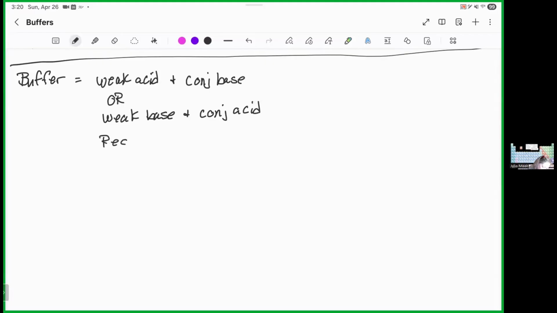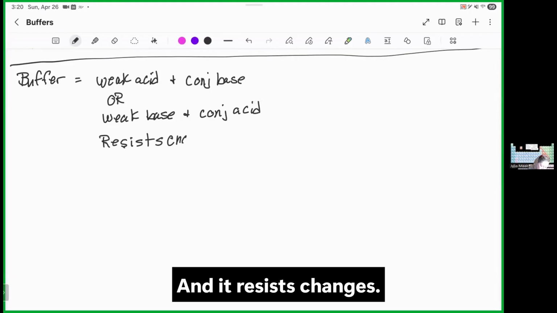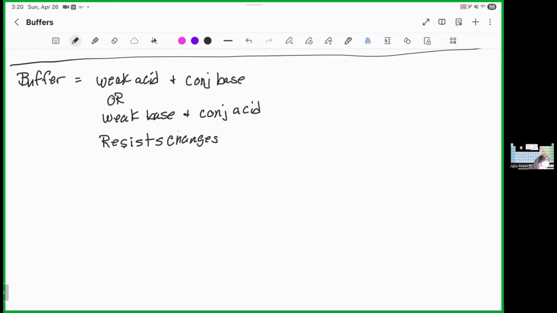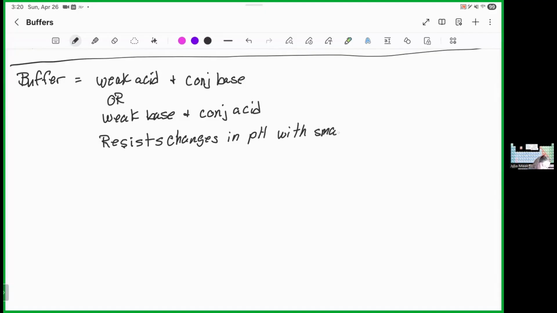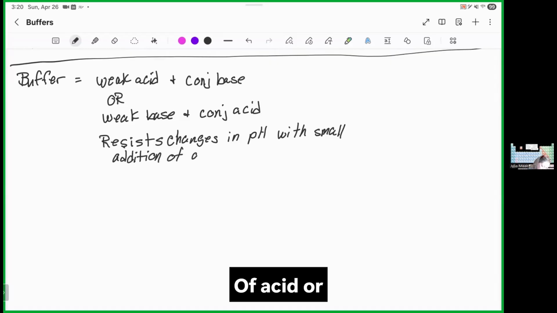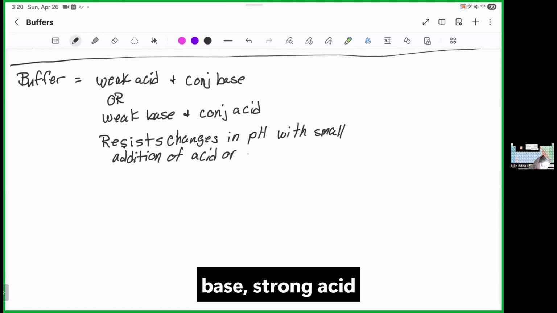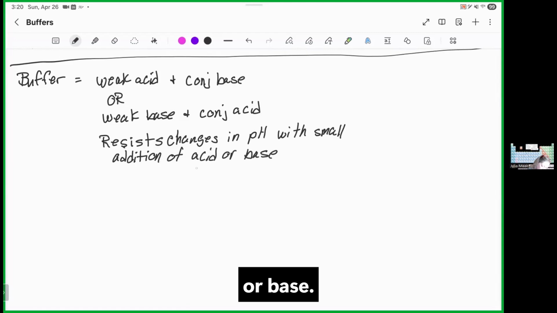And it resists changes in pH with small addition of acid or base, strong acid or base.